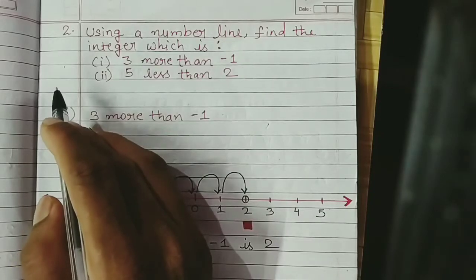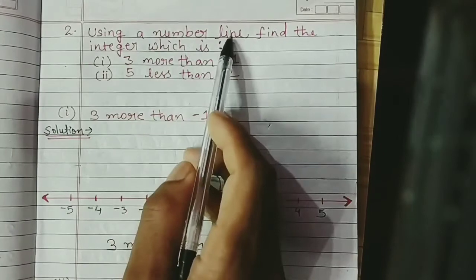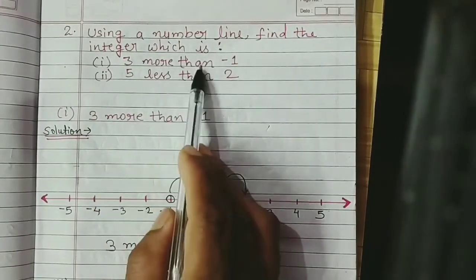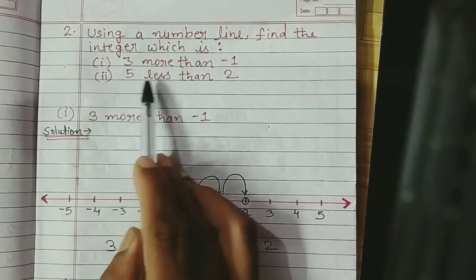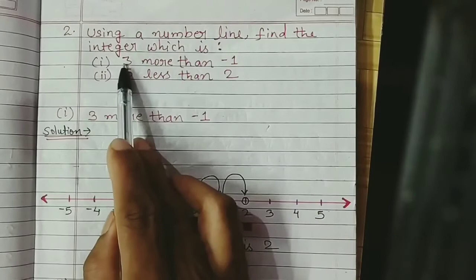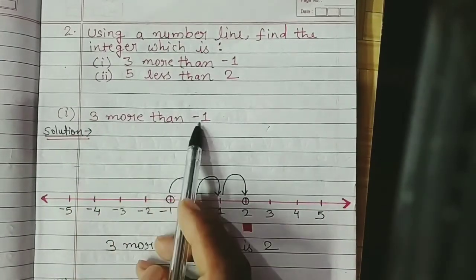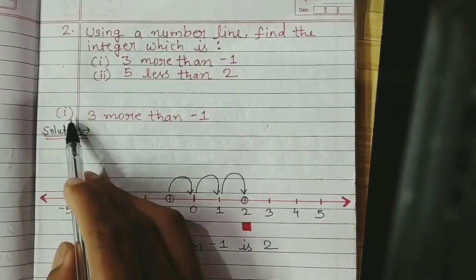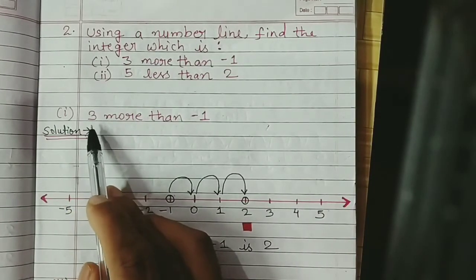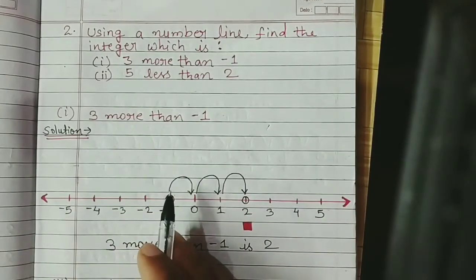Now we are going to solve another type of question. Using a number line, find the integer which is 3 more than minus 1 and 5 less than 2. First we are going to solve the question of 3 more than minus 1. We have to find the integer which is 3 more than minus 1 using a number line.